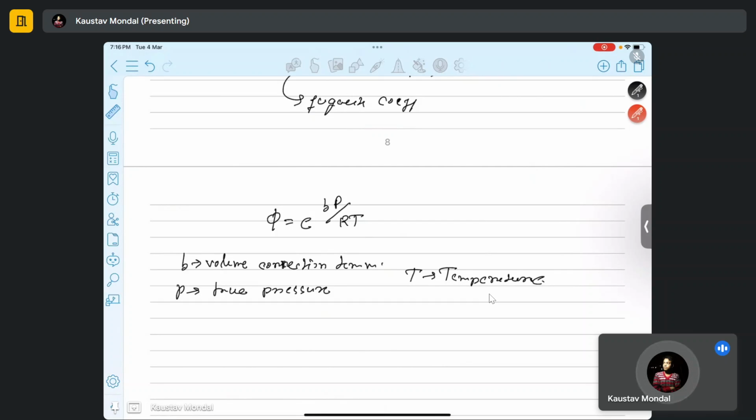So these are the options. These options are given, so with all this information, you have to calculate the fugacity coefficient.